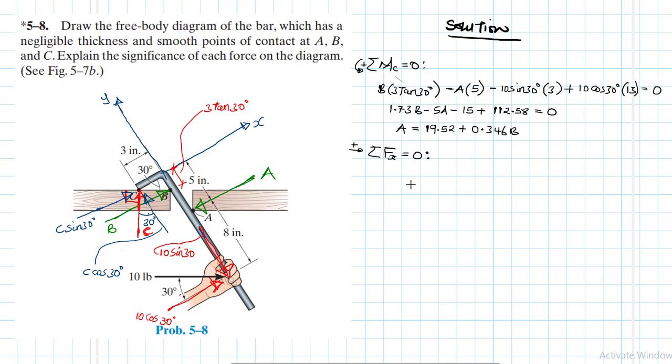So summation of forces in the X, we are going to have C sine 30, right? Then minus A, right? Then plus 10 cos 30.